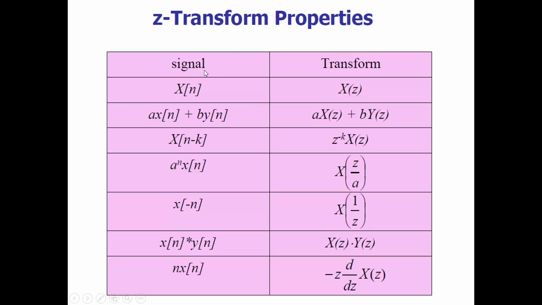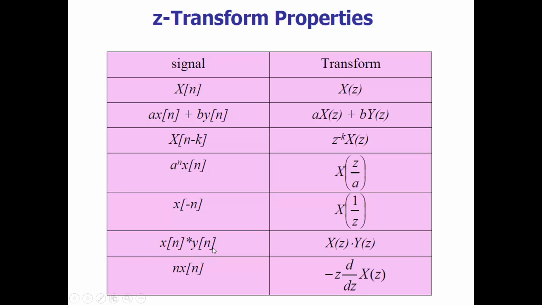Now this is the signal and this is the equivalent transform. x[n] is X(z). a x[n] plus b y[n] will be a X(z) plus b Y(z). x[n-k], when x is delayed by k units of time, will be z to the power minus k X(z). a to the power n x[n] will be X(z/a). x[-n] is X(z to the power minus 1).